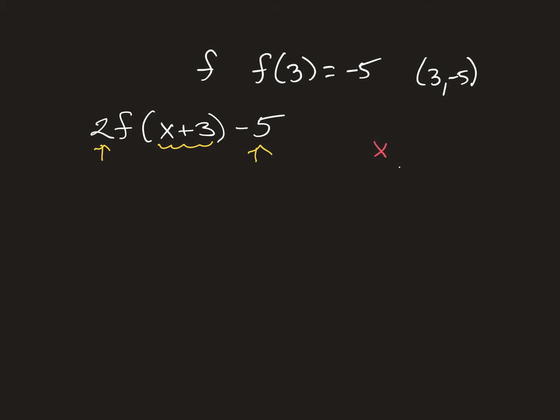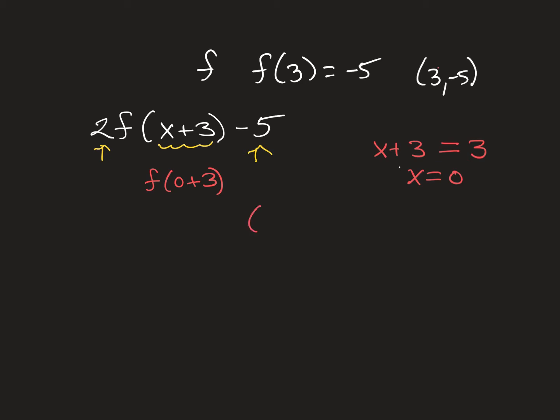So I'm going to set inside the function, x plus 3, equal to 3, and solve for x, so x being 0. And notice if I plug in 0 for x with this transformation, I'm evaluating f of 3, which is the only thing I know. So I wanted that to happen. So this 3 x coordinate now has gone to 0.